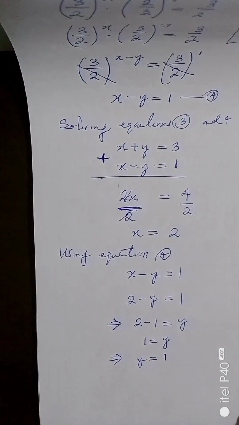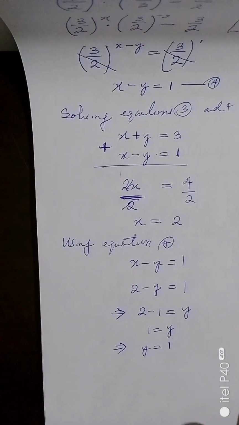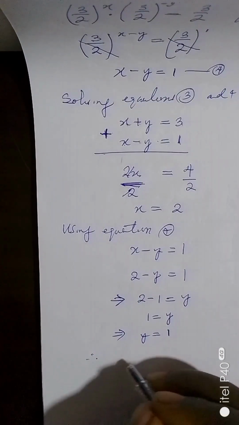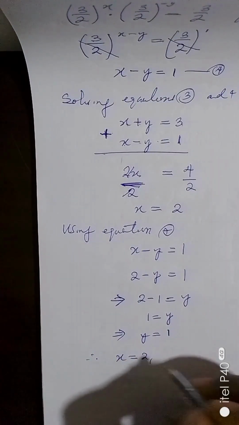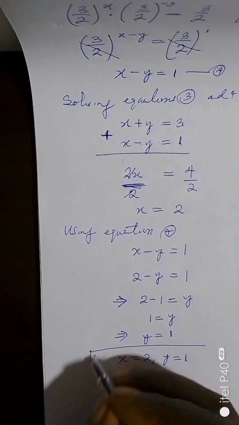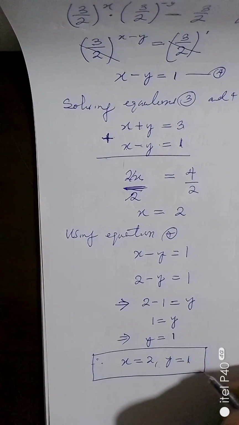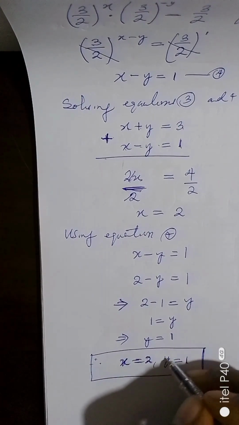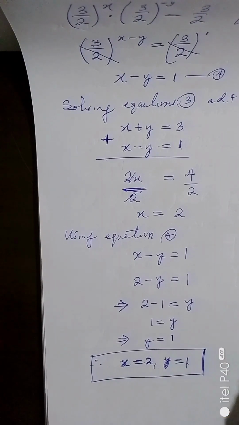So at the end of the day, from the question, we can conclude that x equal to 2 and y equal to 1. These are the solution to the equation, because we are told that x and y are positive integers.